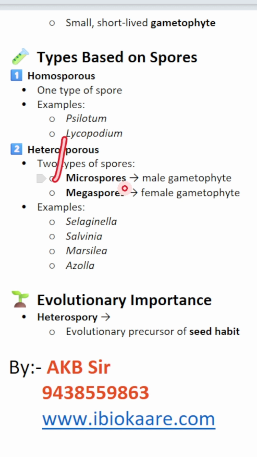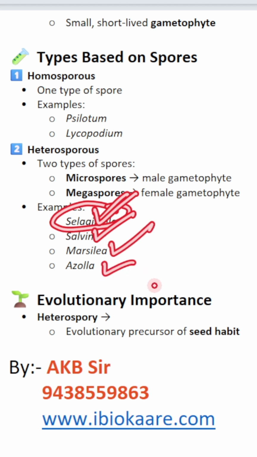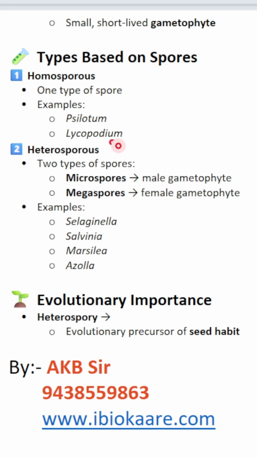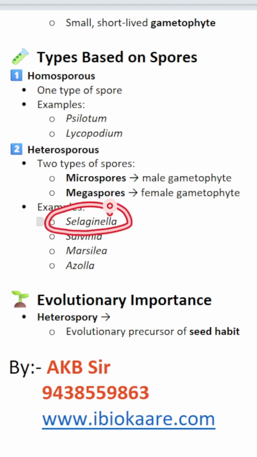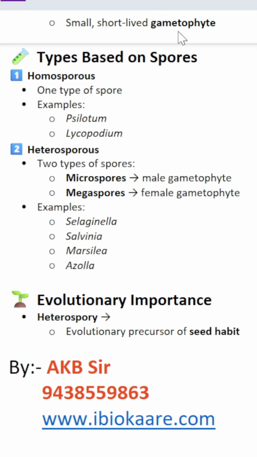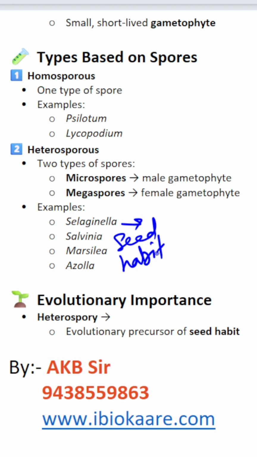Heterospory is found in Selaginella, the first heterosporous plant, followed by Salvinia, Marsilea and Azolla. Any plant having the heterosporous nature can produce seeds. So Selaginella is the first pteridophyte having the seed habit, followed by Salvinia, Marsilea and Azolla.